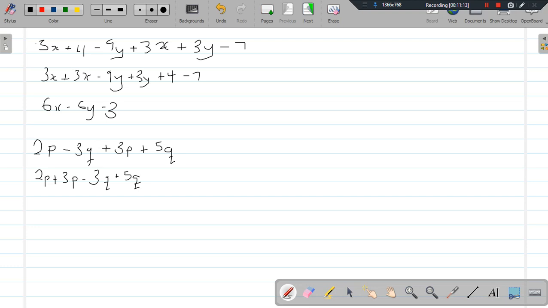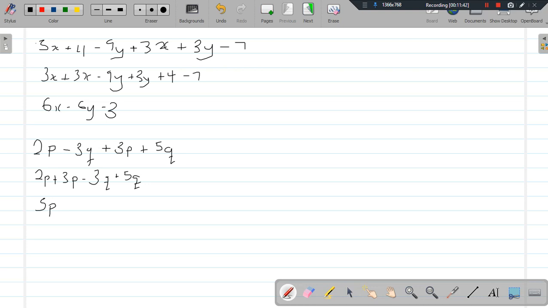What do we do again? We simplify the like terms by adding or subtracting the coefficients of the like terms. Right, so with this I have 2 plus 3 giving me 5, and then the variable p. Now negative 3 plus 5, meaning I am owing someone 3 items and I have 5 items on me.